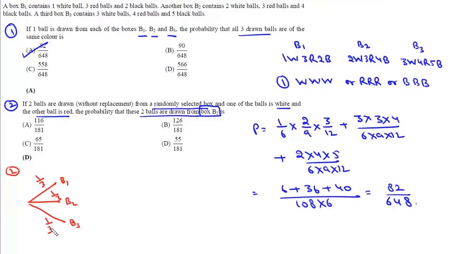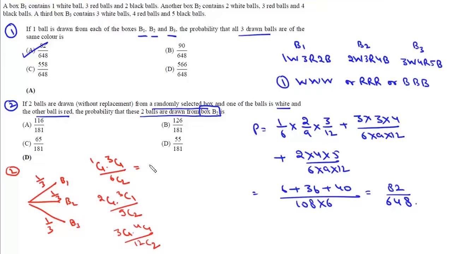Now if we choose B1, then the probability of getting 1 white and 1 red will be 1C1 into 3C1 upon 6C2. Now for the second it will be 2C1 into 3C1 upon 9C2, and here it will be 3C1 into 4C1 upon 12C2.